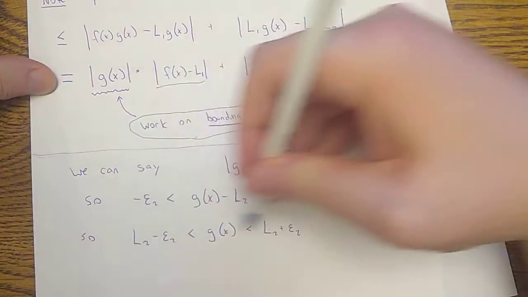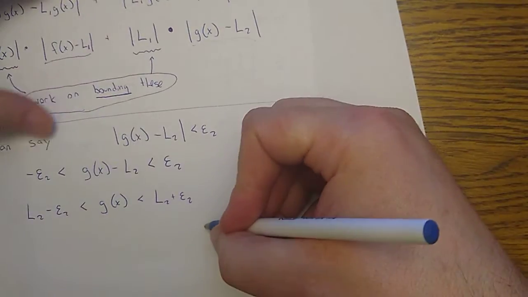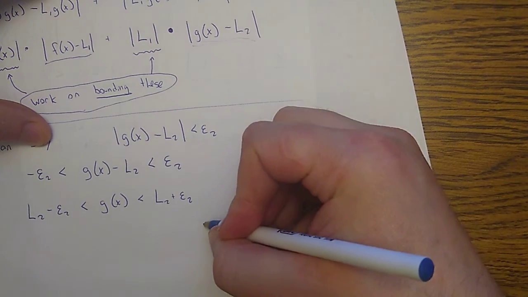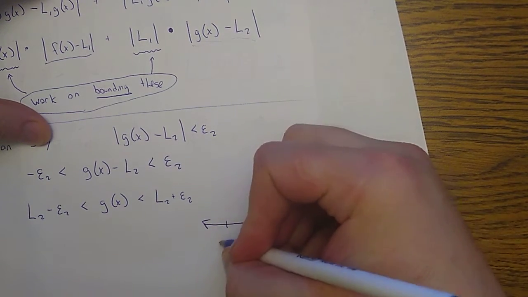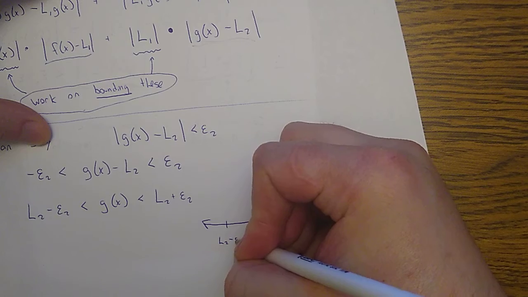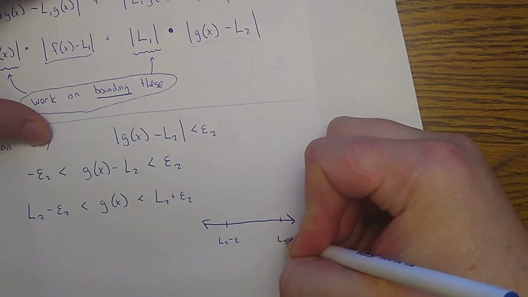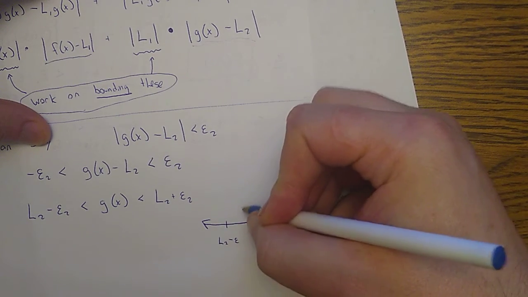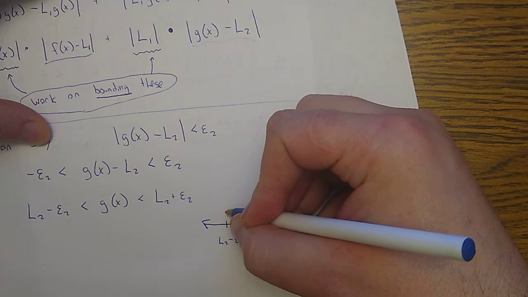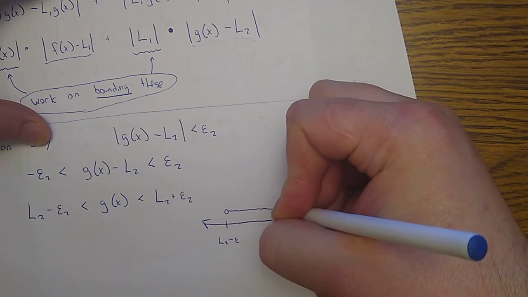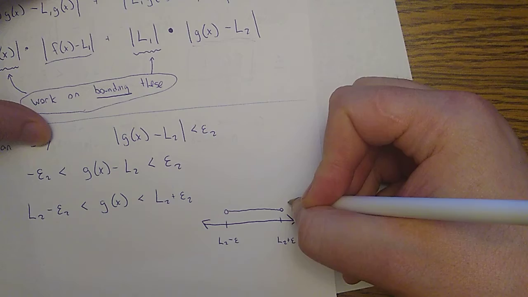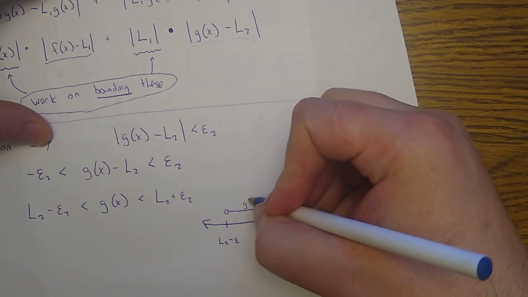What this means is if I draw a number line, like here's L2 minus epsilon, and here's L2 plus epsilon, right? It's this, g of x is in this open interval.